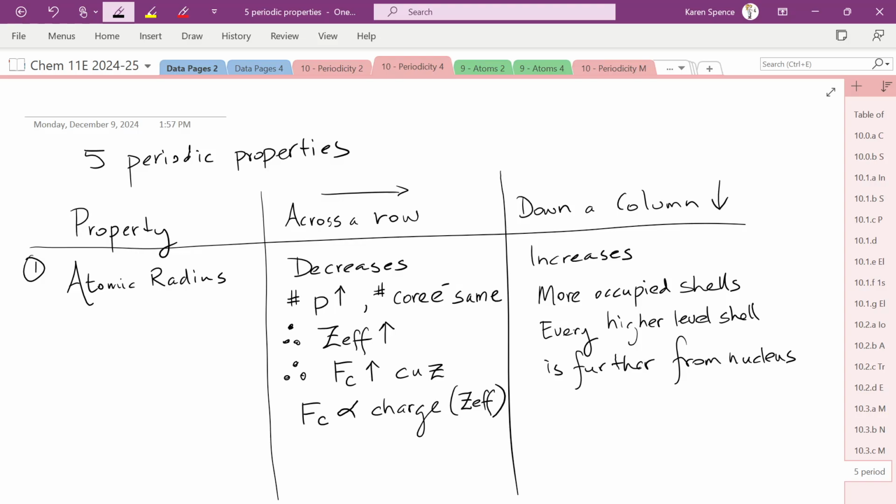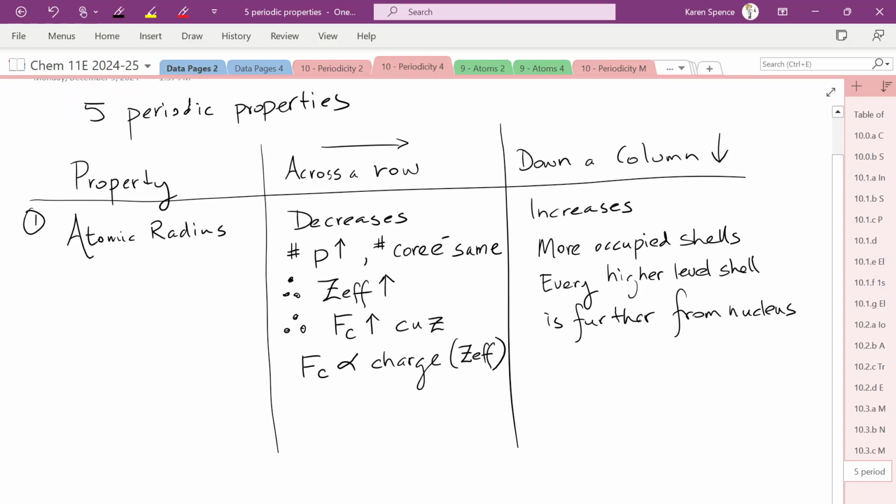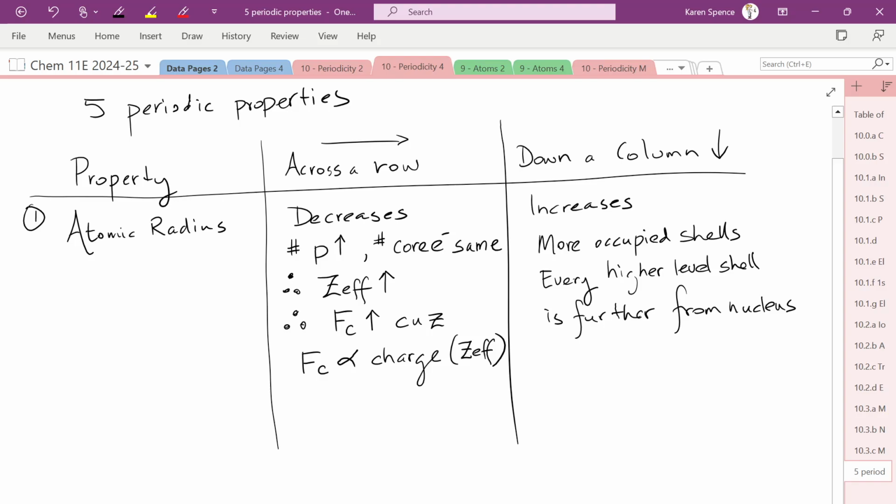I put down 5 because this morning I asked for 4 and then someone said Zeff. So I'm like, okay, let's throw in Zeff as well.